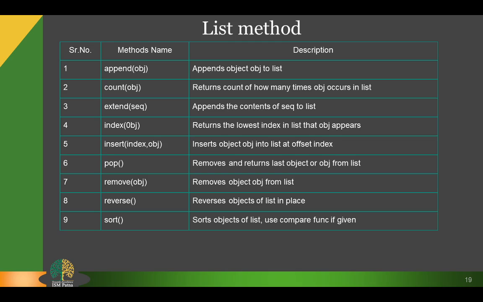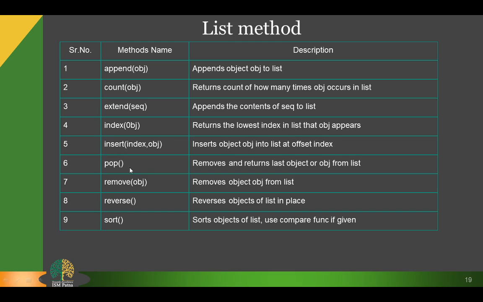Extend appends the contents of a sequence to the list. Index(obj) returns the lowest index in the list where the object appears. The insert function has 2 arguments, index and object. Whatever object you want to insert at whichever position, you can do by using the insert function.